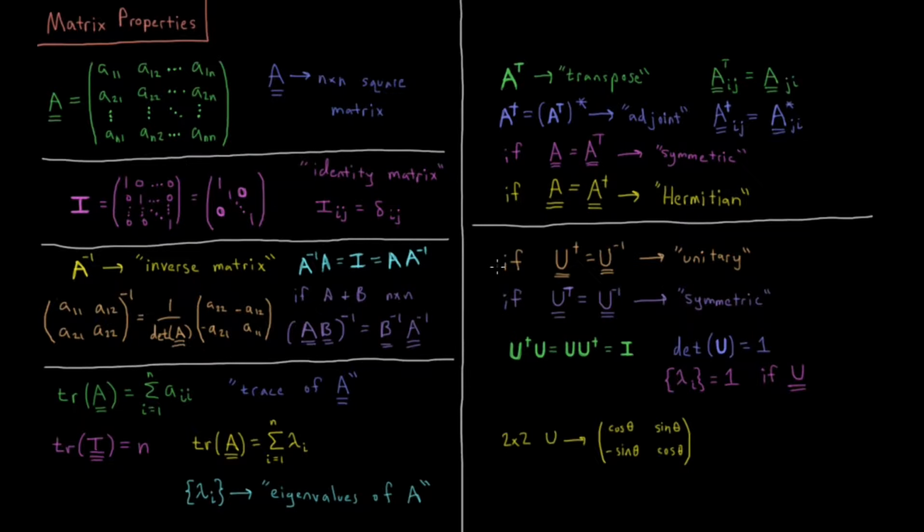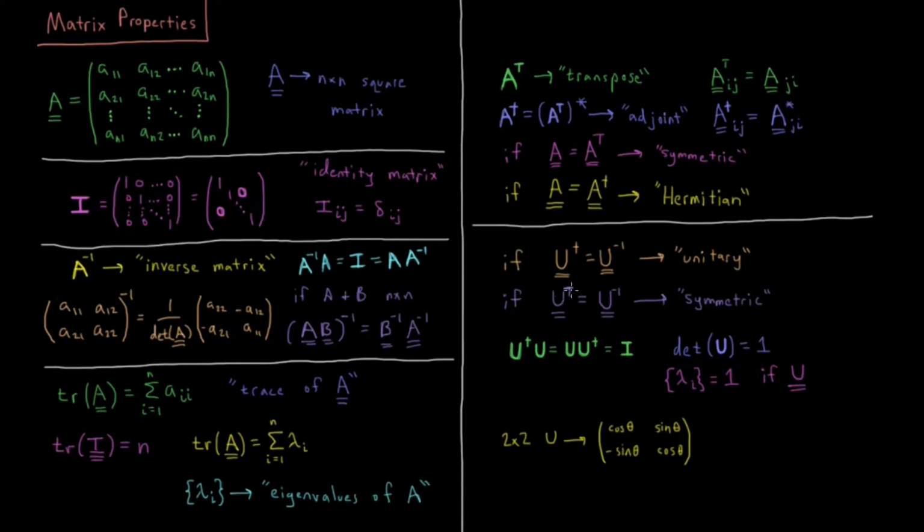Then we have a special case: if the adjoint of a matrix is its inverse, that matrix is said to be a unitary matrix. Unitary matrices are going to be very important in quantum mechanics, more advanced than is typically taught to undergraduates, but in electronic structure theory and advanced molecular quantum mechanics, unitary matrices are everywhere.